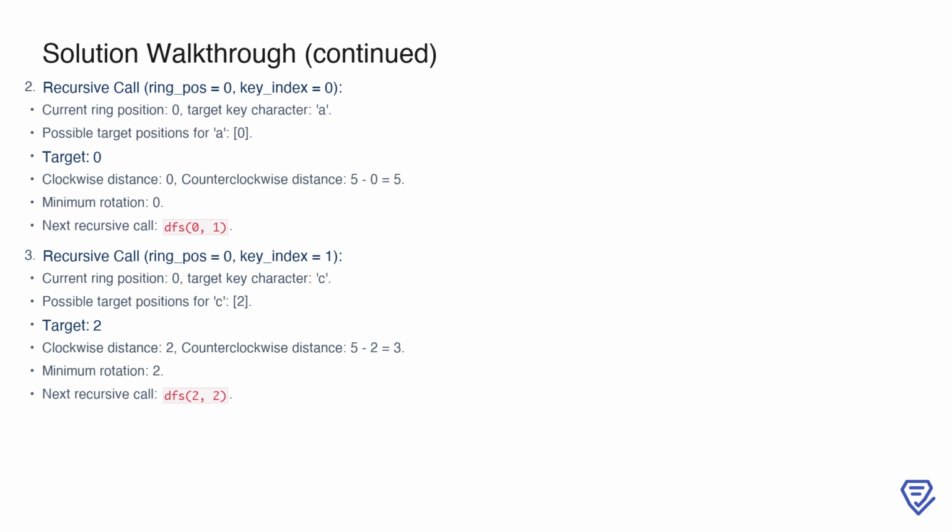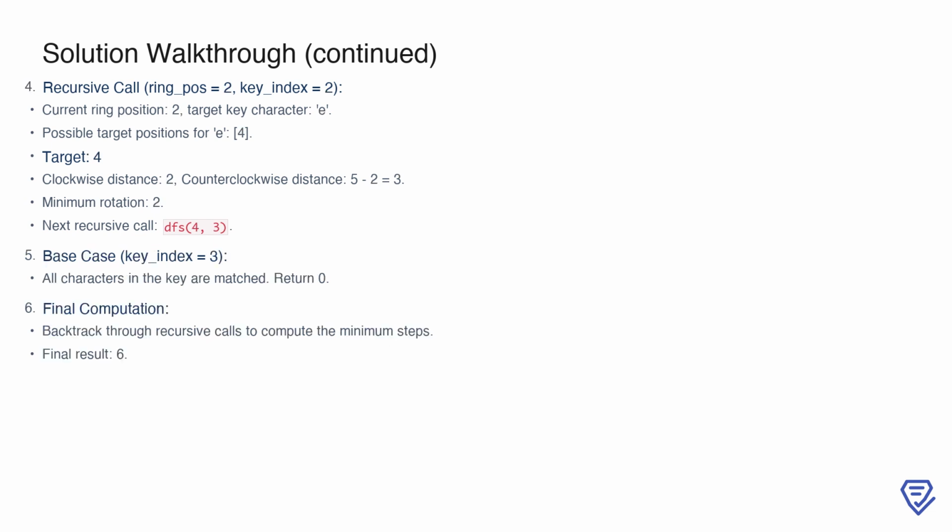We then move to the next key character by making a recursive call to DFS 0, 1. For the second character in the key, C, we calculate the distances to its position, which is 2. The clockwise distance is 2, and the counterclockwise distance is 3, so the minimum rotation is 2. A recursive call is made to continue matching the rest of the key, starting from position 2.